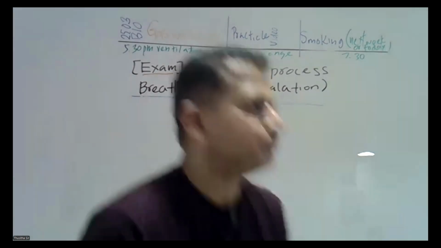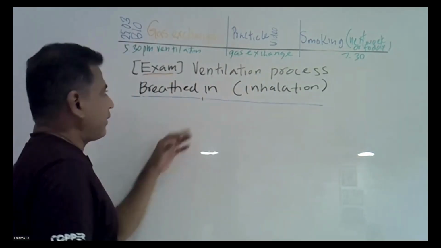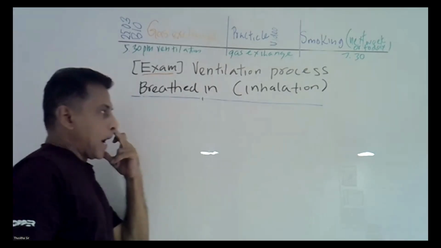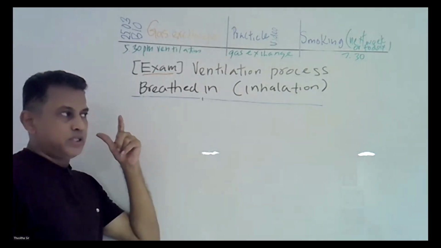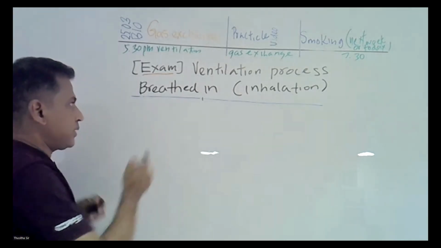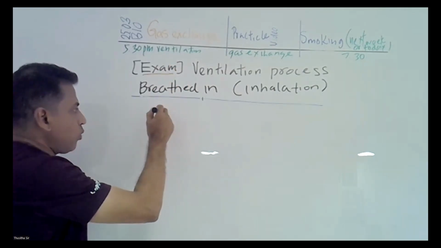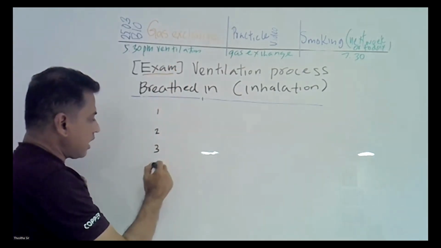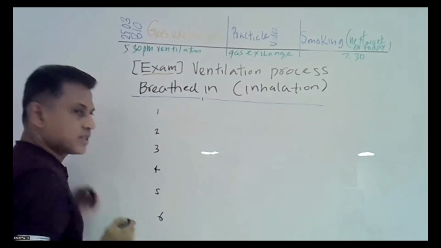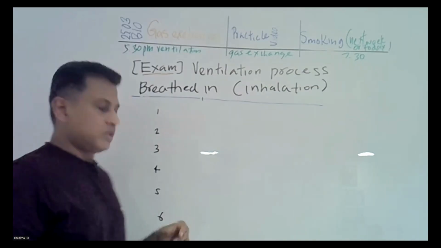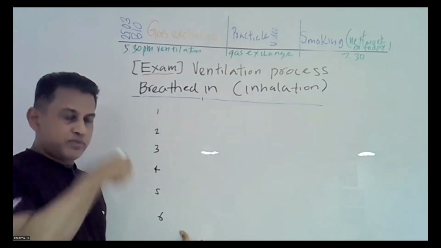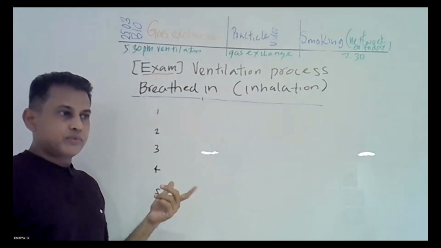Okay, so breath in is actually easy now, because if we try to remember the 6 steps you learn, 1, 2, 3, 4, 5, 6. So I think if I remember, there are 6 steps we learn in breath out.